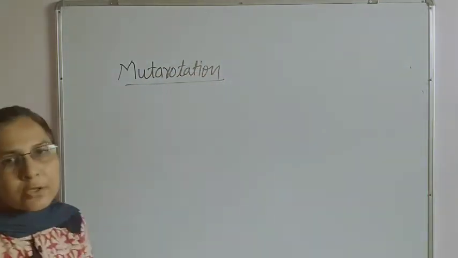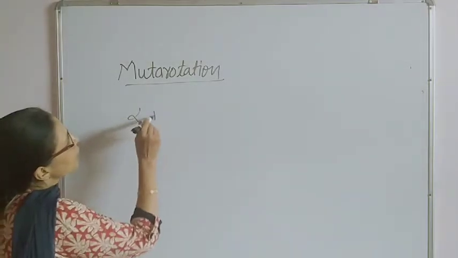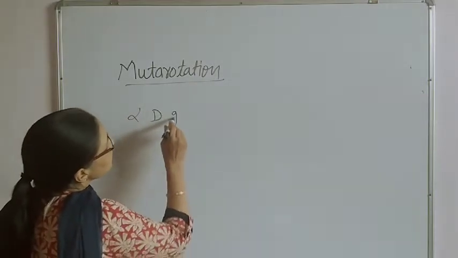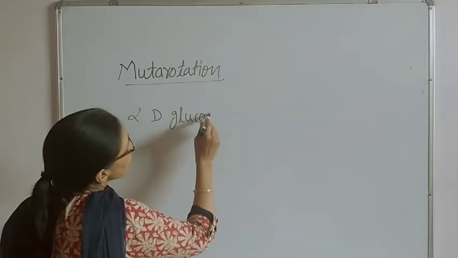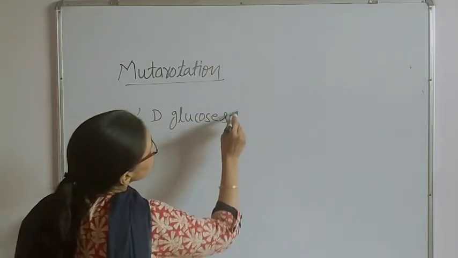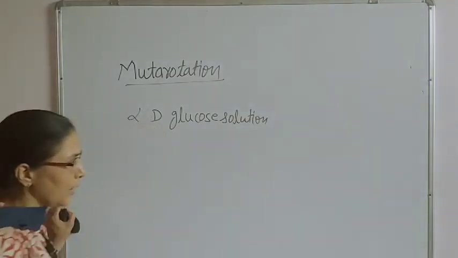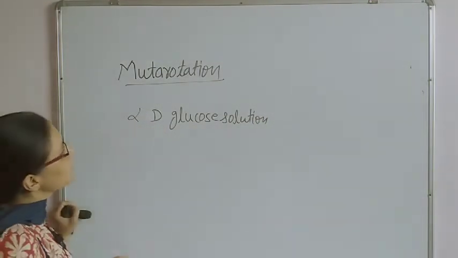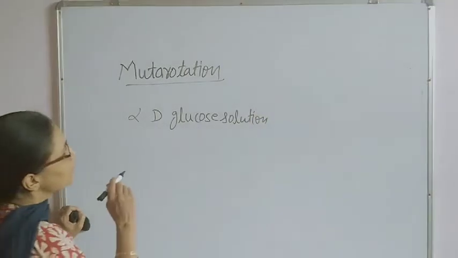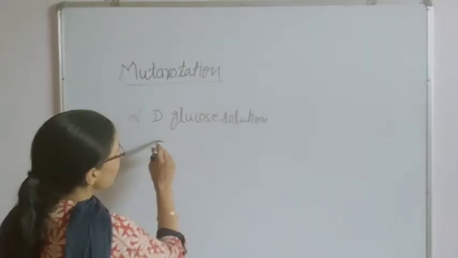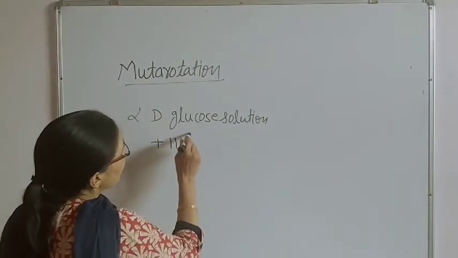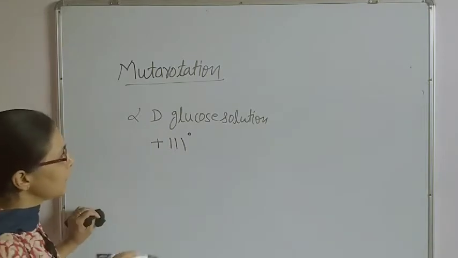In mutarotation, suppose we have an alpha D glucose solution and we are keeping it for a prolonged time period. If we measure the specific rotation of the alpha D glucose solution, it will come as positive 111 degree.